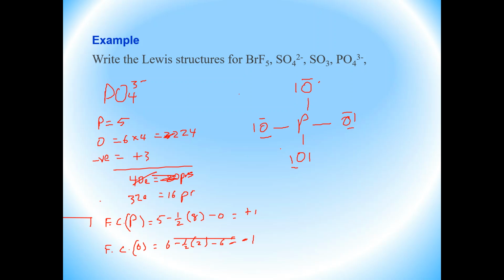So basically in this structure, we're going to have a situation where the phosphorus has a +1 charge and each oxygen has a -1 charge. So in this particular case, you can move just one pair of electrons to form a double bond like that. And therefore, the final structure is going to be O minus here, bonded to P, bonded to O minus here, double bond O here, O minus here. And that would be the final answer here for the phosphate ion.